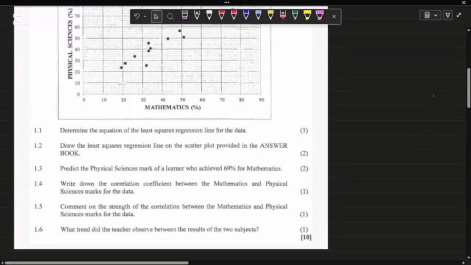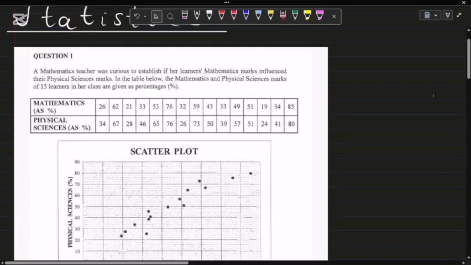Okay, you'll recall that in our previous session, we just looked at how to determine the values of number one, the correlation coefficient, and then number two, the equation of the line of best fit.